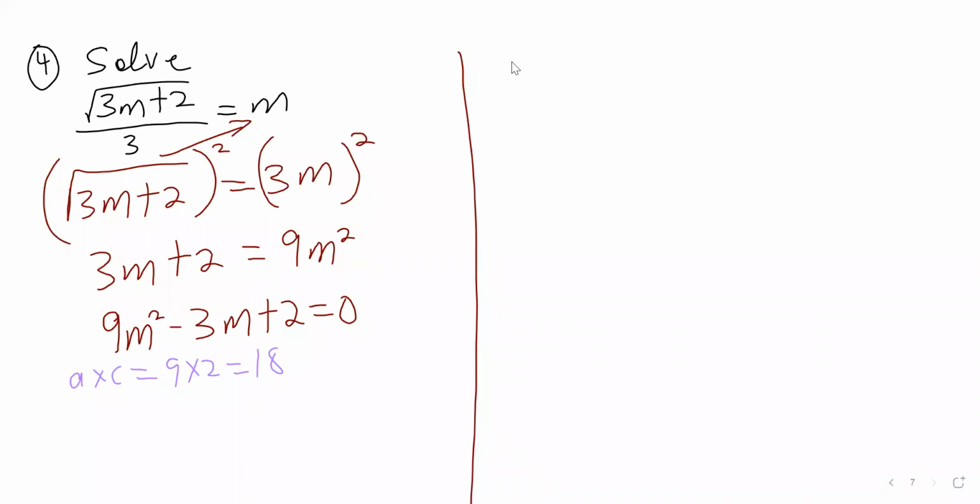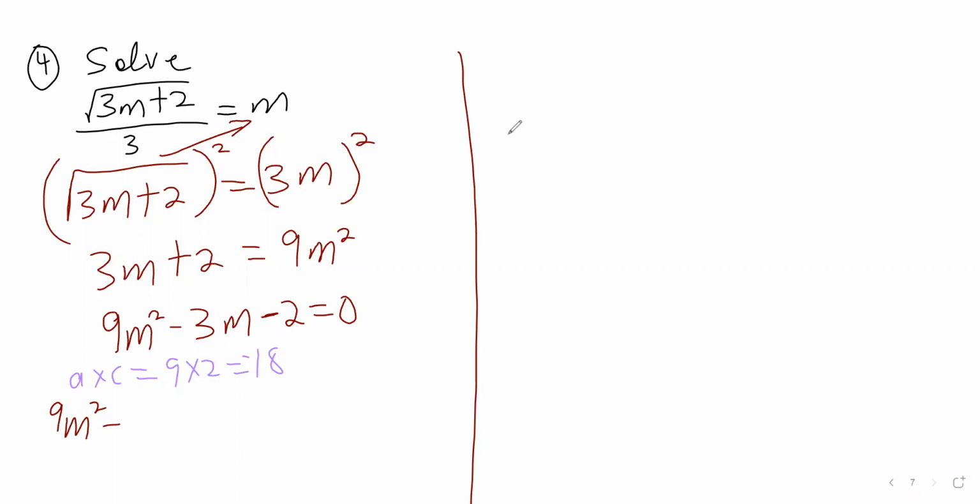Okay, so someone asked me to finish it up, so let's finish it up. Okay, this is minus, not plus, yes. So we end up with minus 18. So what are the 2 numbers? When we multiply, we get minus 18, but when we add, we get minus 3. That's negative 6 and positive 3.